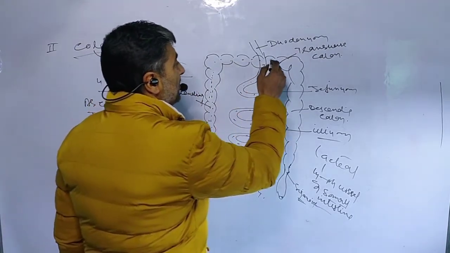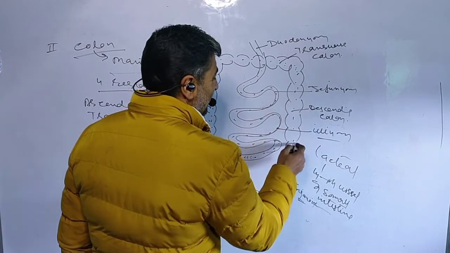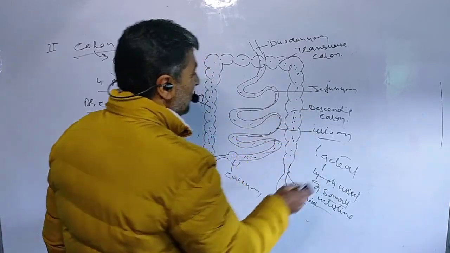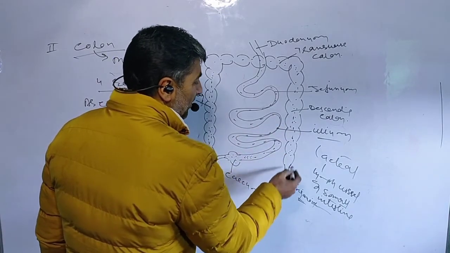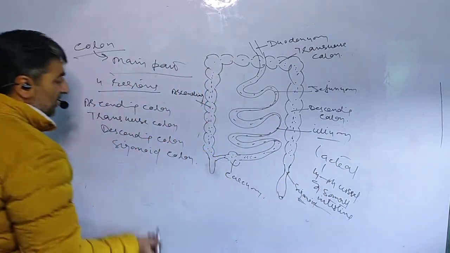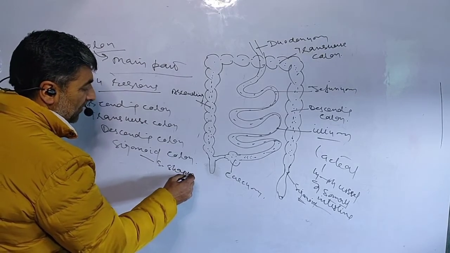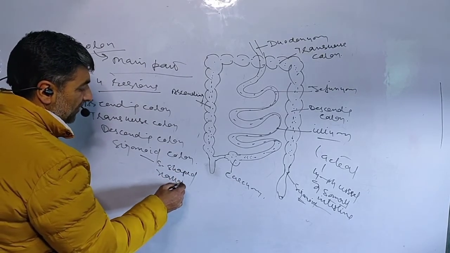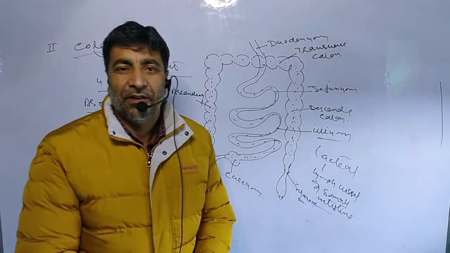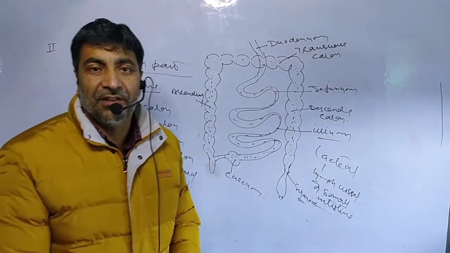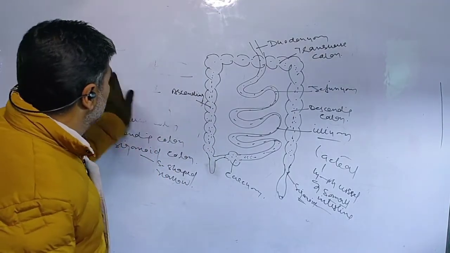Then this is transverse colon. Then the undigested food descends here. This is called the descending colon. And finally it reaches the sigmoid colon, the S-shaped, narrow colon. These are the 4 regions of the colon, the main part of the large intestine.